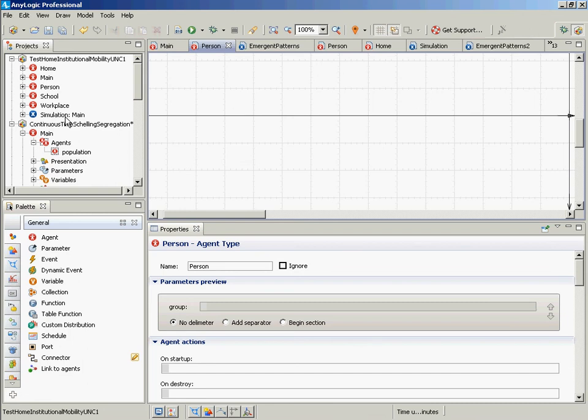Transitions associated with state or rates, where you have a certain chance per unit time of going from one state to another. Transitions associated with arrival at a destination when you're moving, as we'll see today. And transitions associated with message receipt, as well as a transition that checks a condition.